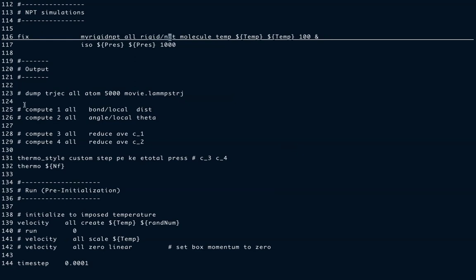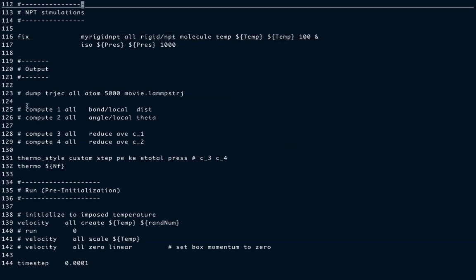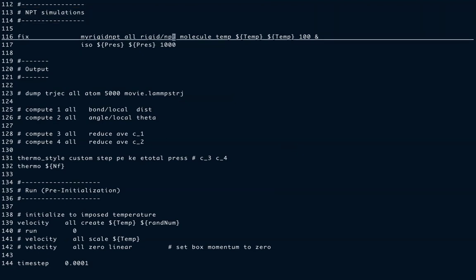But in this case, since I'm simulating rigid molecules, there are different ways to integrate the equations of motion for rigid bodies, and hence you have to explicitly instruct LAMMPS to do an NPT simulation using rigid bodies. So for this, you say fix, and the ID I call my rigid NPT. All is for all the molecules, and then rigid NPT is the keyword here. And this is the molecule keyword that is also supposed to be there.